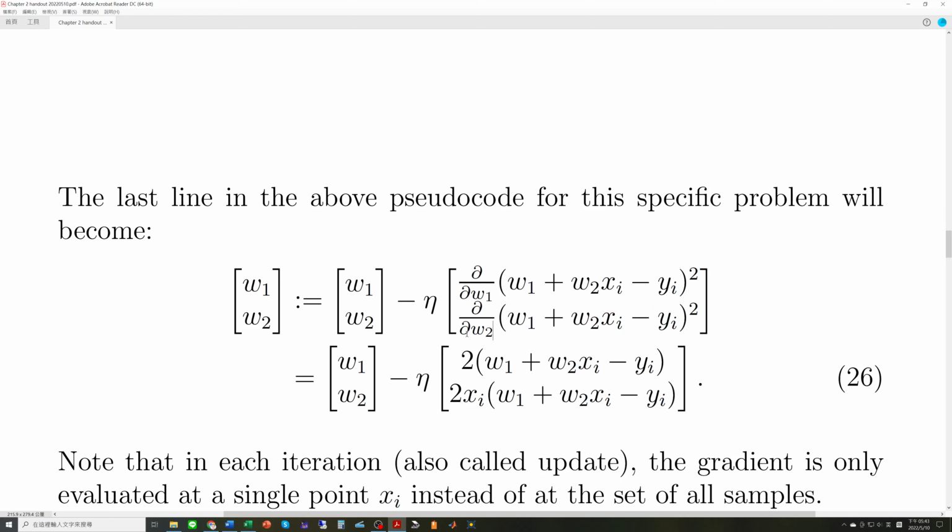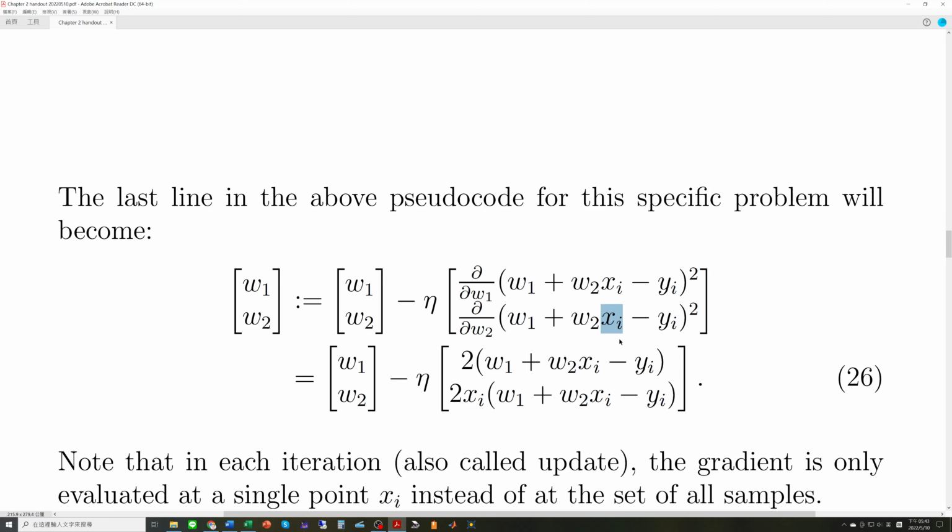When taking the partial derivative with respect to w2, we take w1, yi and xi as constants.